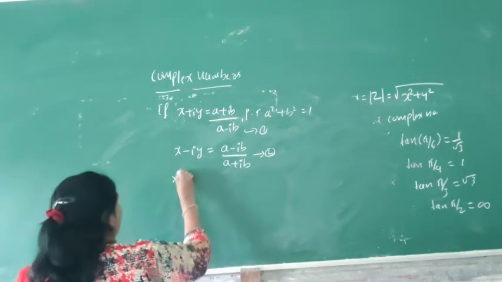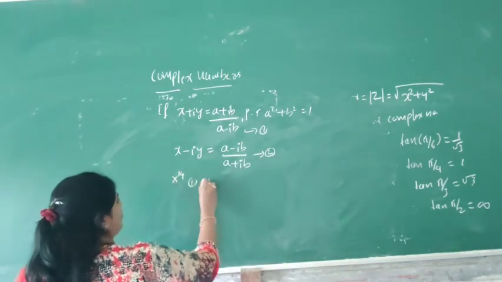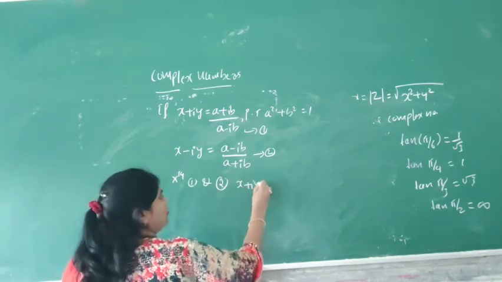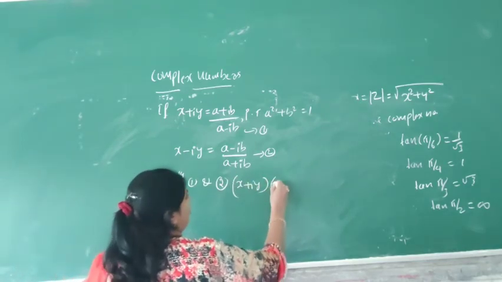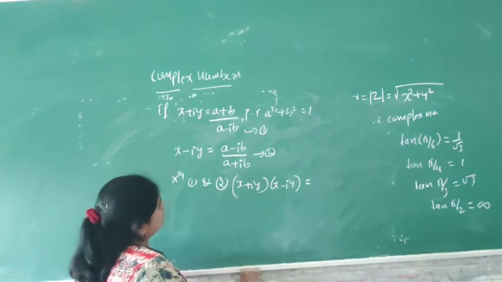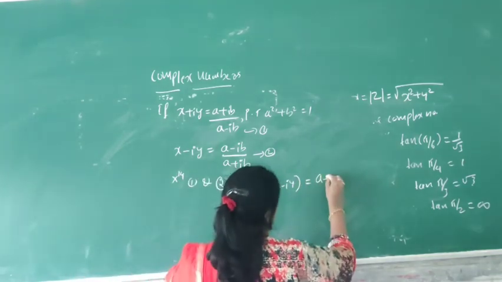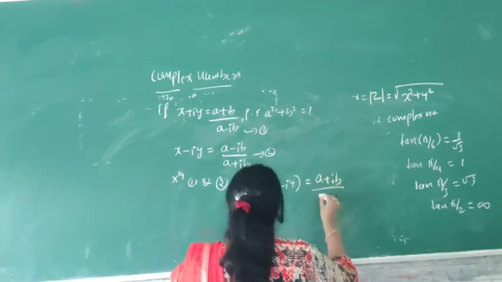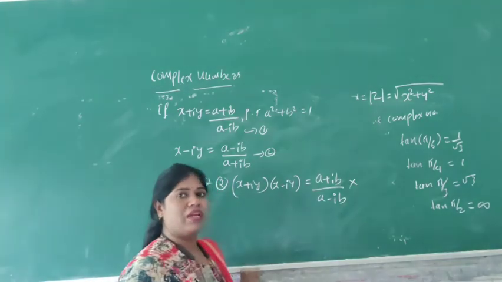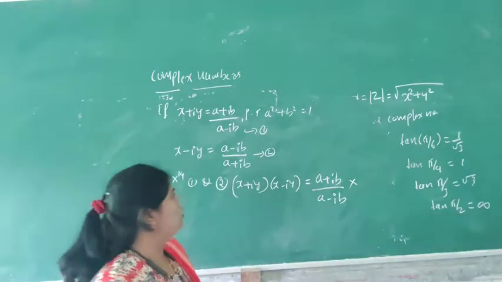So multiply 1 and 2. So x plus iy into x minus iy is equal to a plus ib, a minus ib. You are multiplying the equation 1 and 2.